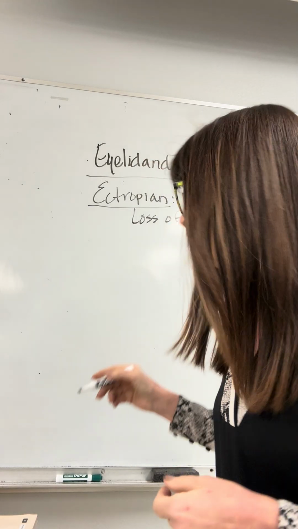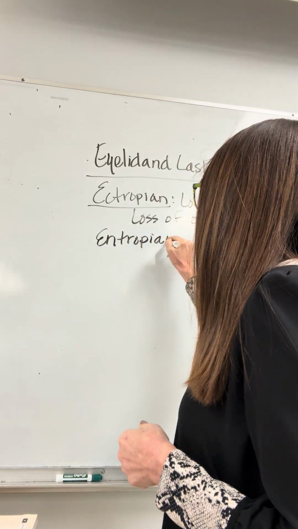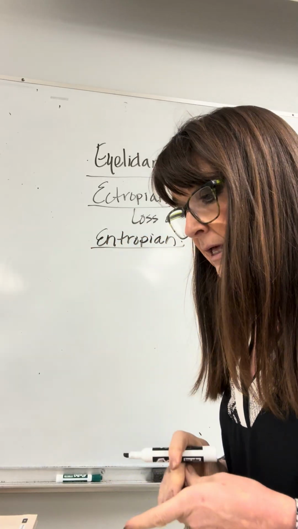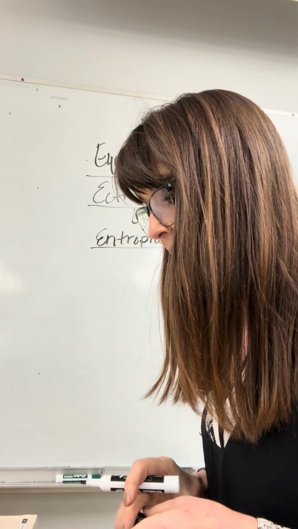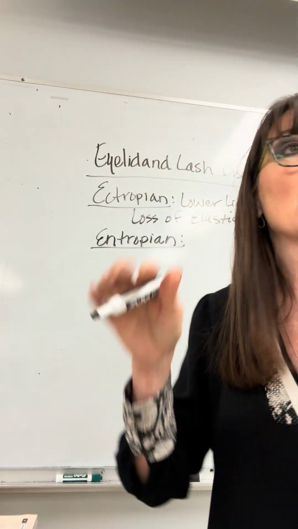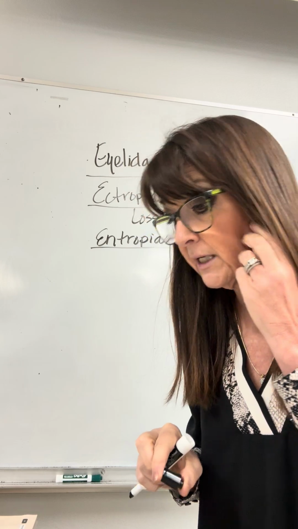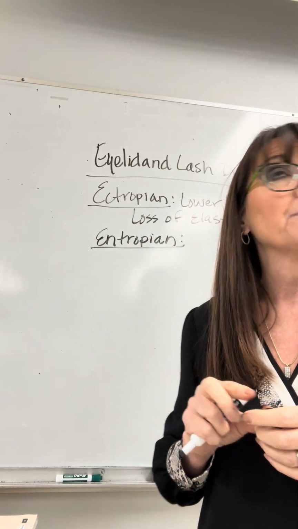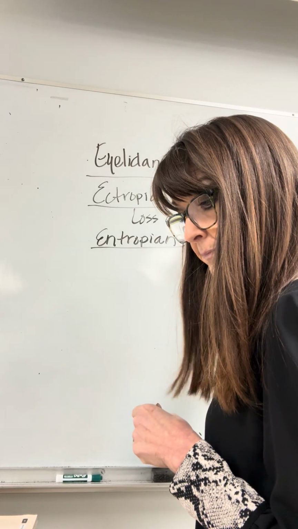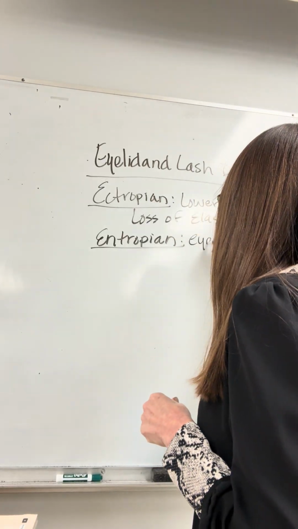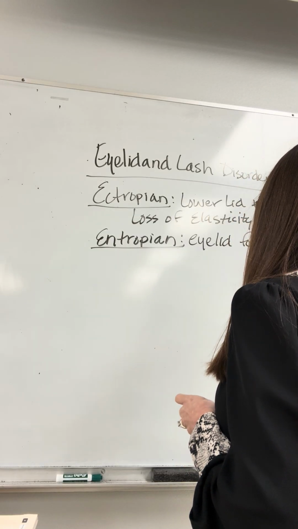Then we have entropion. Okay, entropion causes the eyelid to fold inward, and the entire line of the lashes will come in and touch the cornea. This is usually someone that has a hooded lid. So the eyelid folds inward.